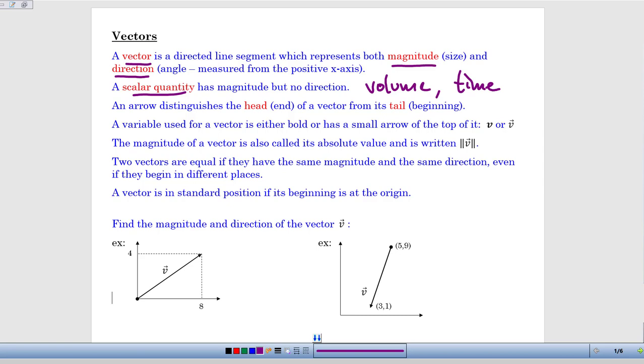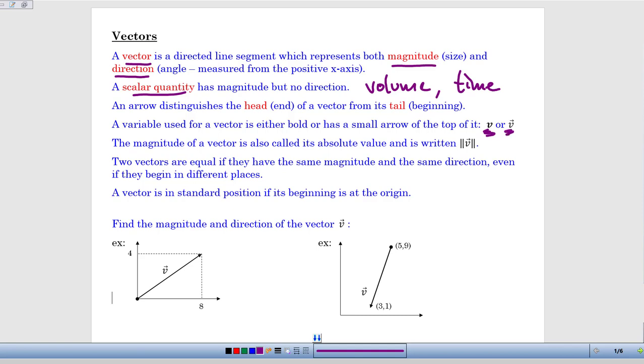Pretty much as many textbooks as there are for math and physics, there are that many different notations used to represent vectors. So for our purposes, we're going to see a couple things in the textbook. They tend to use bold letters to represent a vector. That's kind of hard to do when you're just writing.